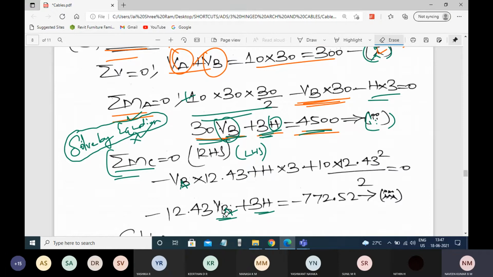Only in this situation, where the supports are at different levels, you will get two unknowns in every equilibrium condition.